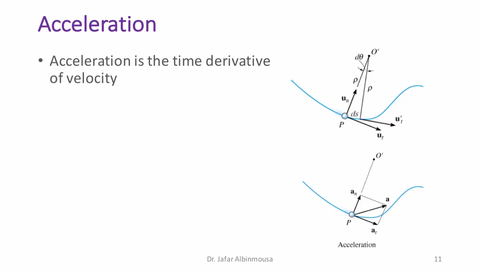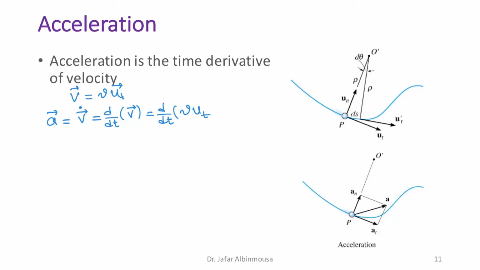So if we write down the velocity vector, v equals v magnitude times the ut unit vector, then the acceleration is equal to v dot, which is equal to d over dt of v ut.